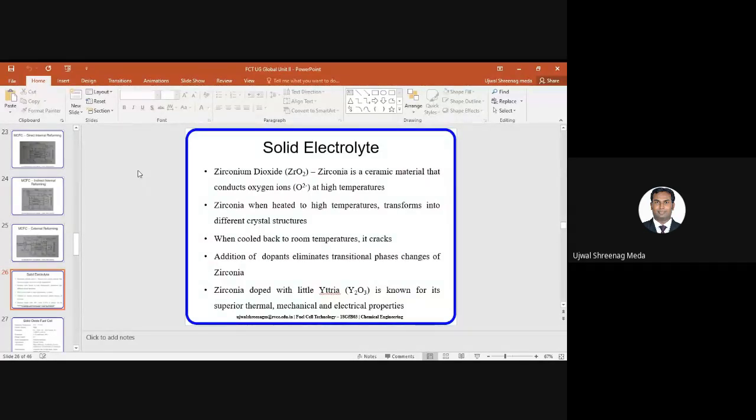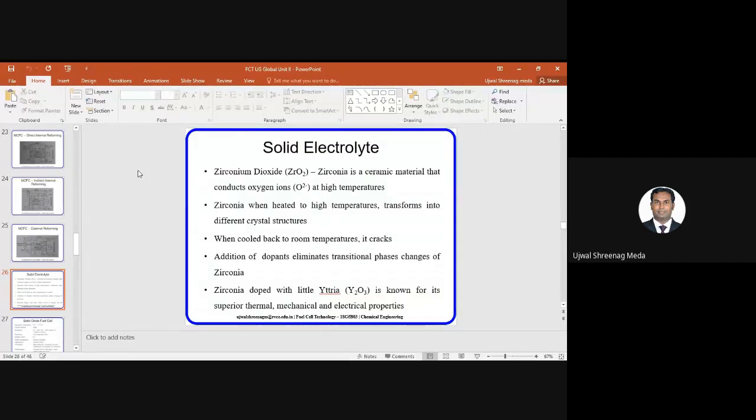So for that reason, a material such as yttria is used as a dopant. Then it becomes yttria doped zirconia, our zirconia doped with yttria, abbreviated as YSZ.